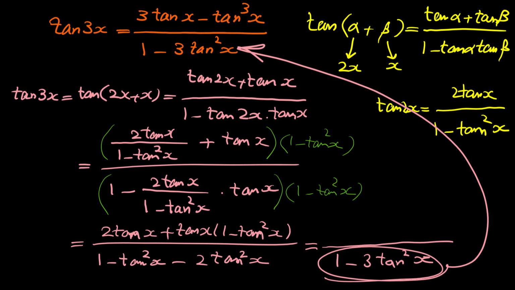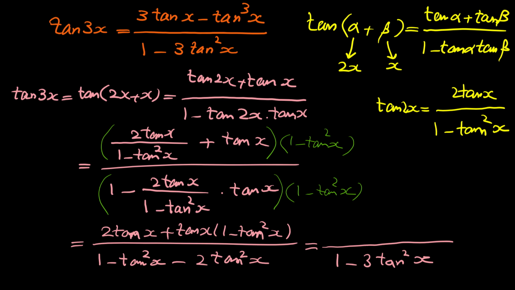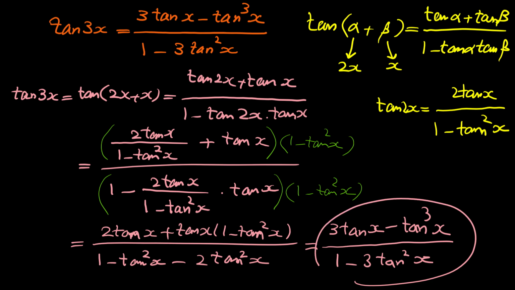Look at the numerator. 2 tangent x. Tangent x times 1 is another tangent x. In total we have 3 tangent x. Tangent x times negative tangent squared x is negative tangent cubed x. So minus tangent to the 3x.